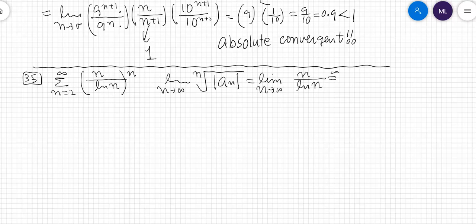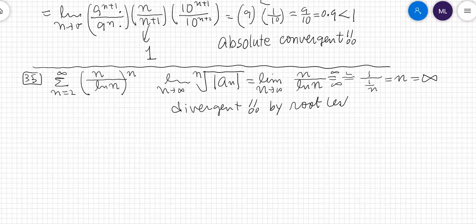Ooh, this is infinity over infinity. Okay, so I use L'Hopital, which is 1 over n, which is n, which is infinity. So divergence. Okay, by what? Root test. I'm all done, man. That's it.